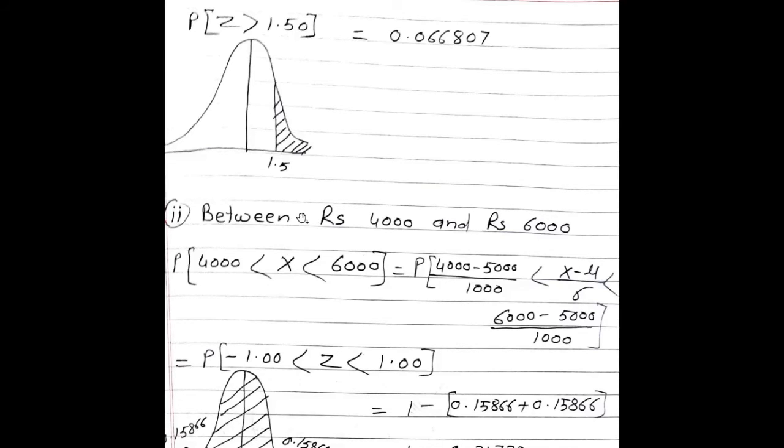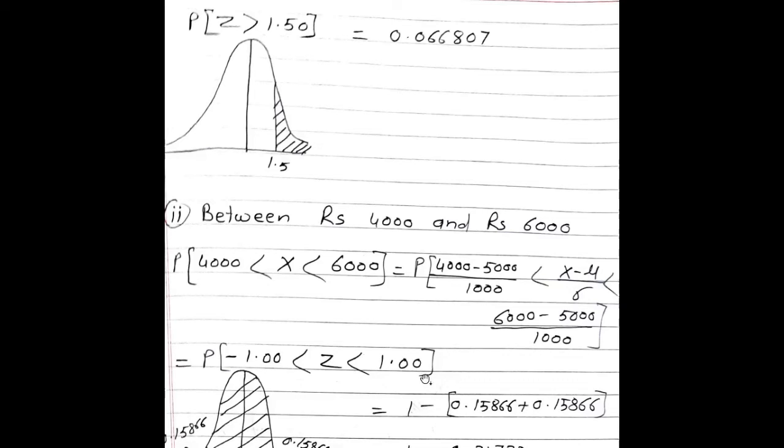In the second part, we want between rupees 4,000 and rupees 6,000. So probability 4,000 less than X less than 6,000 is equal to (4,000 minus 5,000) upon 1,000 less than (X minus mu) upon sigma less than (6,000 minus 5,000) upon 1,000, which can be considered as probability minus 1.00 less than Z less than positive 1.00.